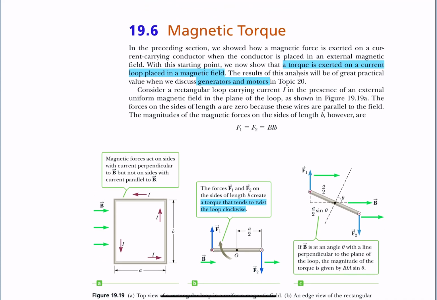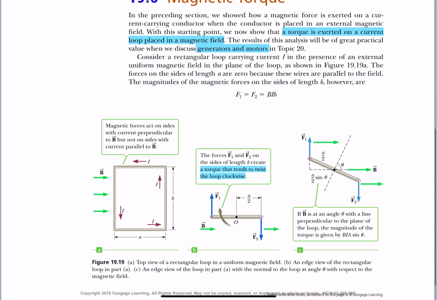In section 19.6, we consider what happens if we have a loop, or simplistically a square loop, instead of a circular one, that's in a magnetic field. Now this diagram is a little tricky, but it paves the way for understanding how the opposite of a motor, which is an electrical generator, might work.